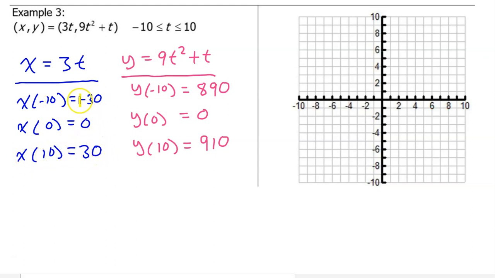So this is our x min, and this is our x max. Y is 9t squared plus t. Y at negative 10 is 890, y at 0 is 0, and y at 10 is 910. So this will be our y min, and this will be our y max.